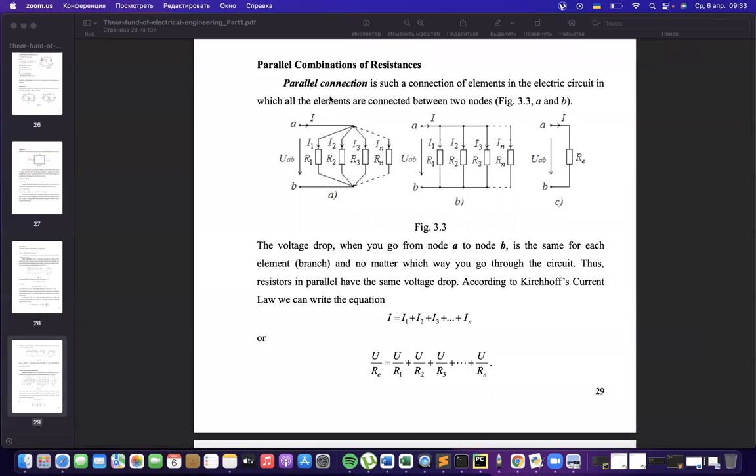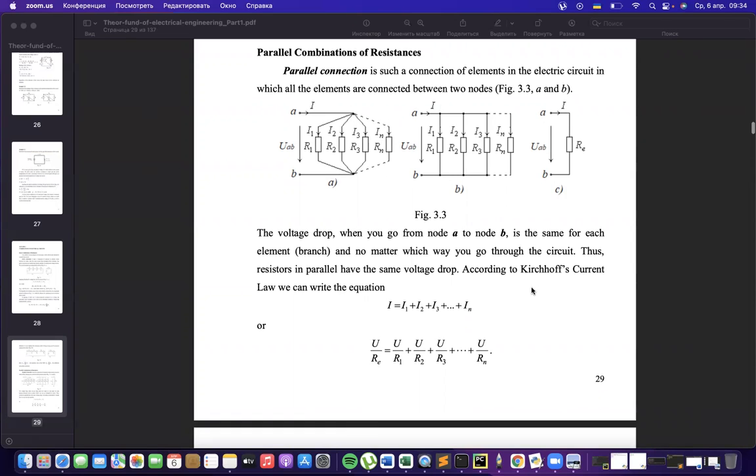The same we could do for parallel connection. Because in parallel connection, the voltage is the same, and the current that inflows equals all currents that outflow.